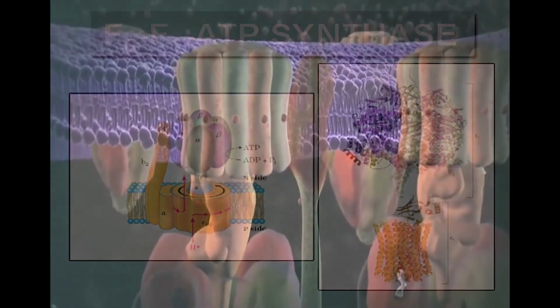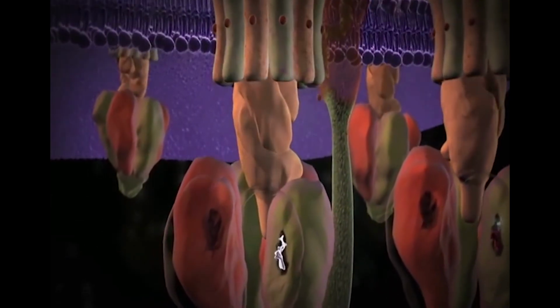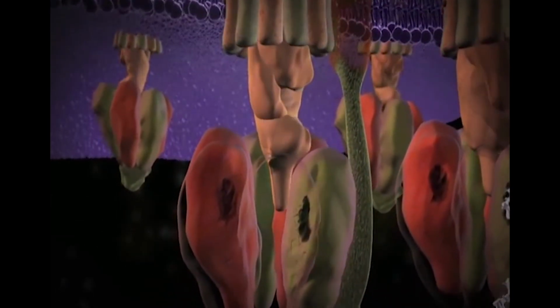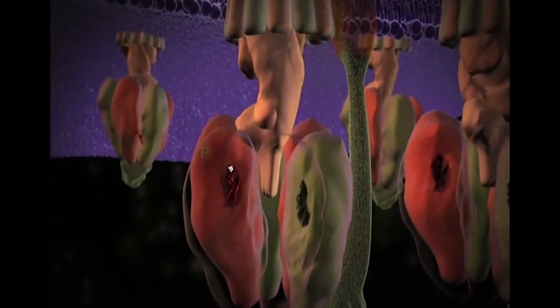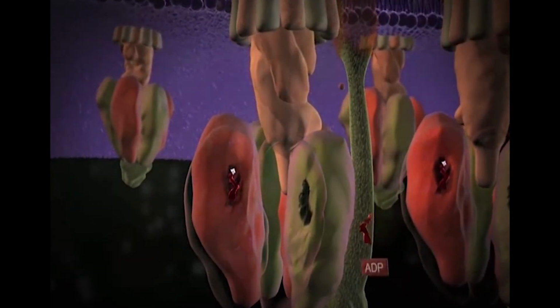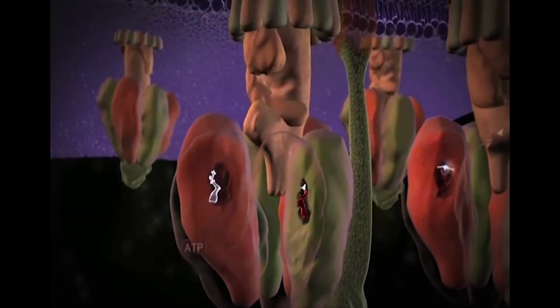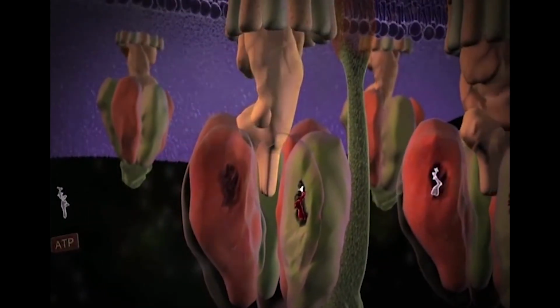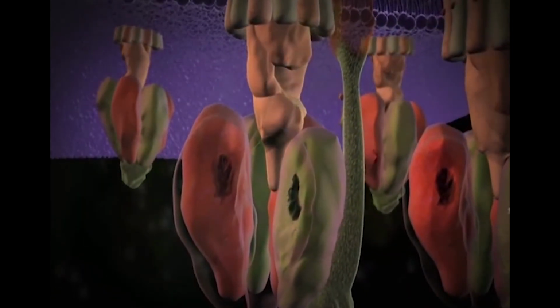So, as the protons are passing through, there is a rotational change in different alpha and beta subunits which have sites for binding ADP and ATP. So, ADP binding sites are there in the beta subunits where ADP binds, and once the rotation occurs, this ADP accepts a phosphate, inorganic phosphate, and forms ATP.